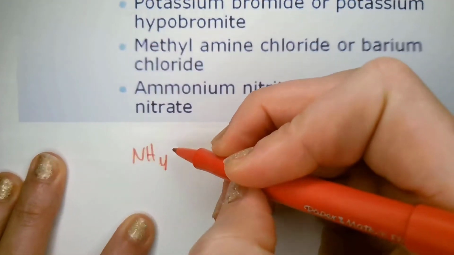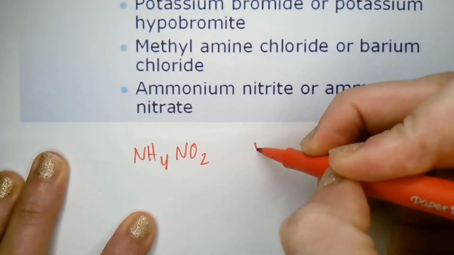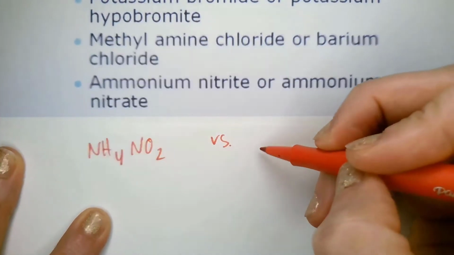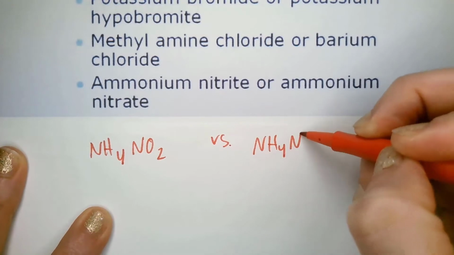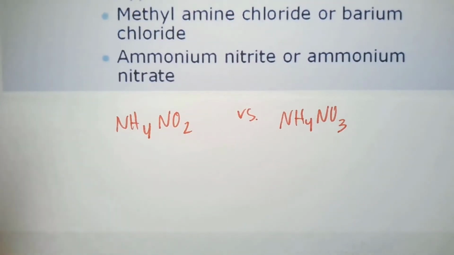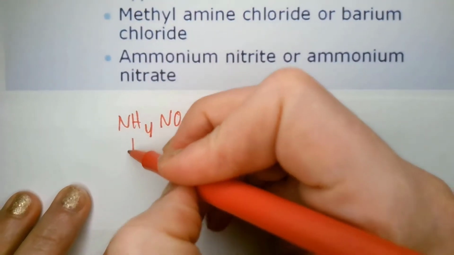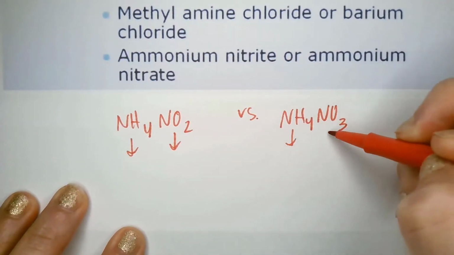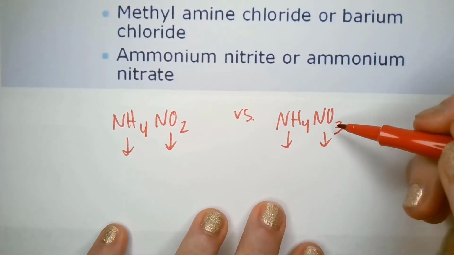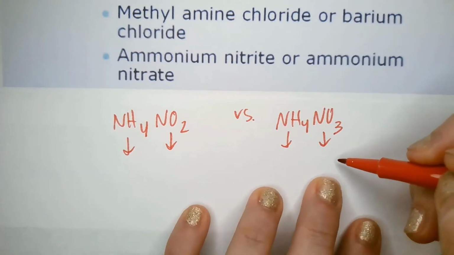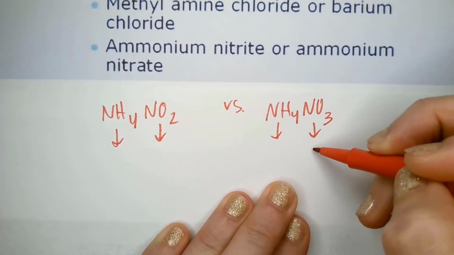And let's look at our last one. We have ammonium nitrite, NH4NO2, versus ammonium nitrate, NH4NO3. So again, let's look at our parent acids, parent bases.